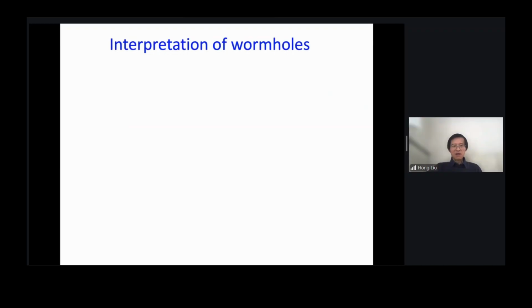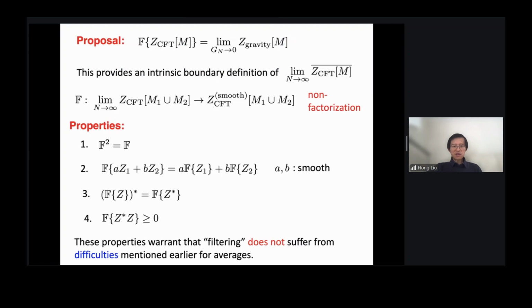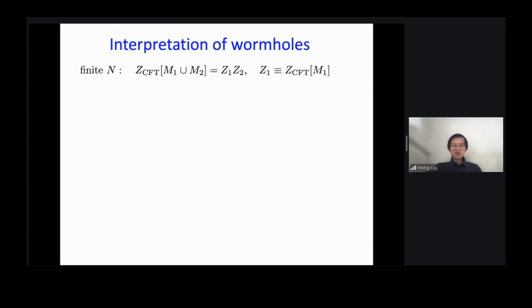Good. Okay, so now let's go to the interpretation of the wormholes. This not only gives you an interpretation of this average, actually we can give you a prediction of the wormholes in some sense. Let's consider a CFT defined on some disjoint manifold M1 union M2. By definition, the partition function should factorize at finite N, with Z1 corresponding to the partition function on M1, and Z2 corresponding to the partition function on M2. For each of them, we can do the filter.